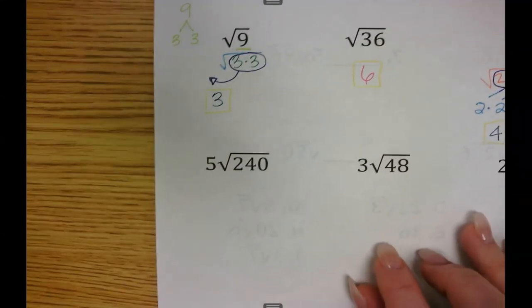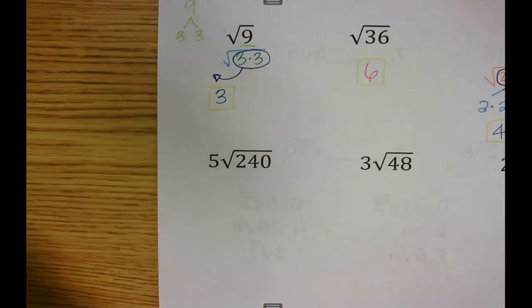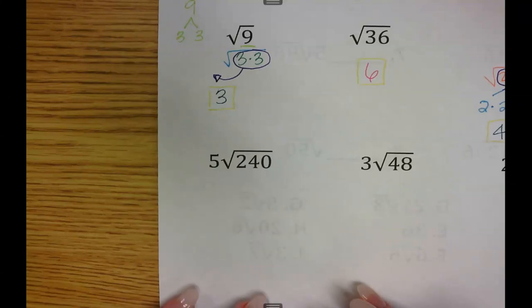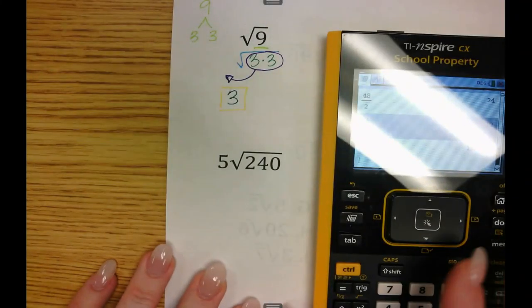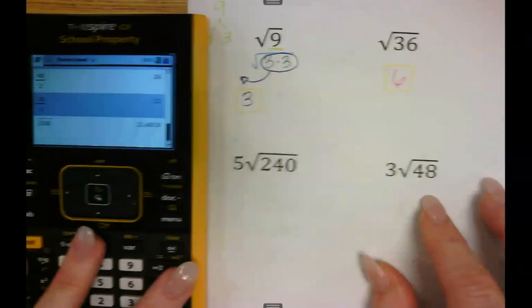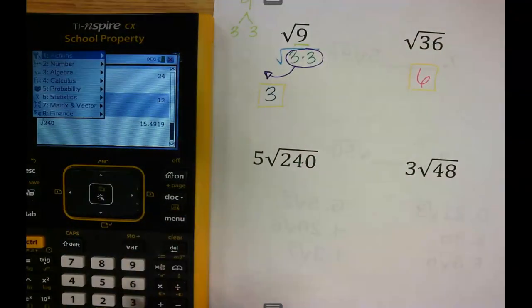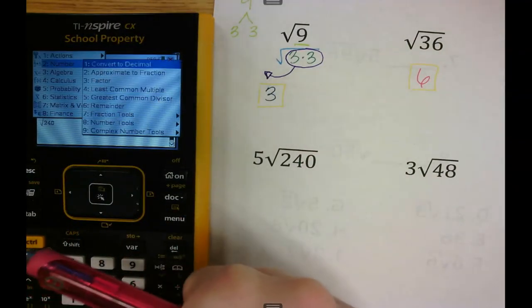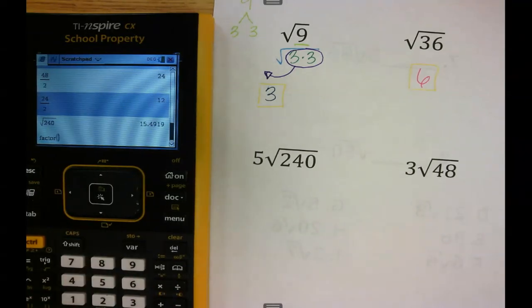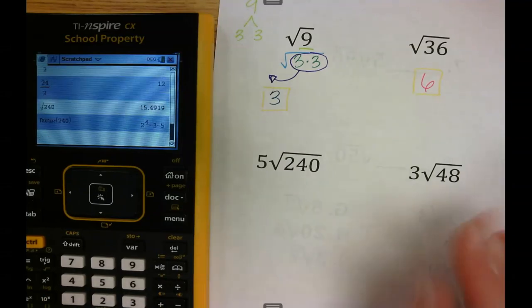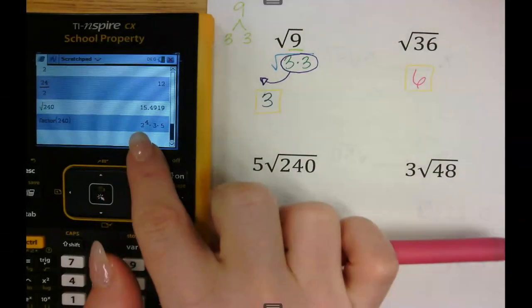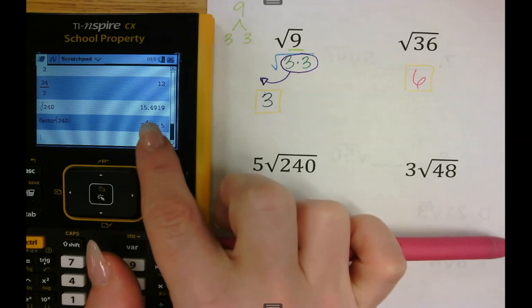I'm going to give you now a cheat code, which is a calculator code for getting our prime factors. If in your calculator you go to menu 2, 3, and it says factor, put in the number inside the house, and it says 2 to the 4th power times 3 times 5.